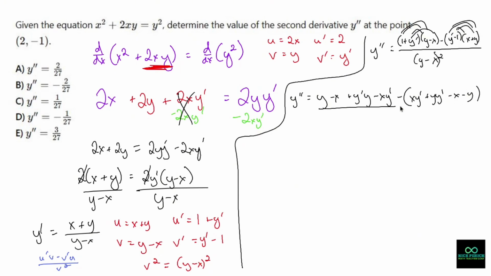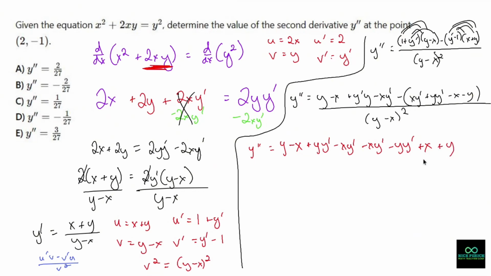And that's still all over (y minus x) squared. Let's distribute that negative. Y double prime is going to equal y minus x plus y prime y minus xy prime minus xy prime, how nice, minus yy prime, how nice, minus x plus y. So lots of stuff here disappears.